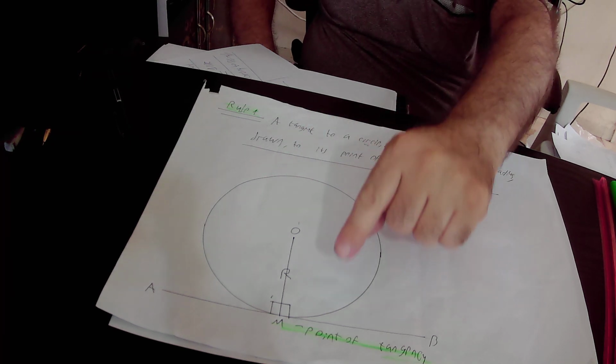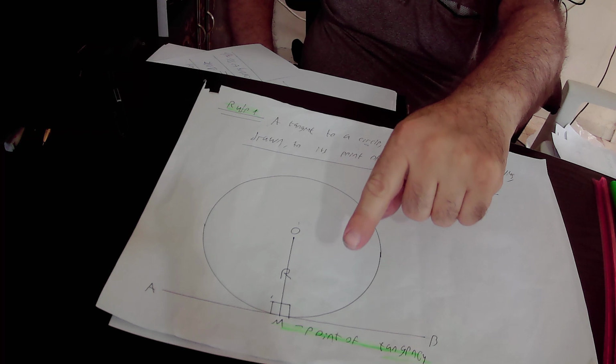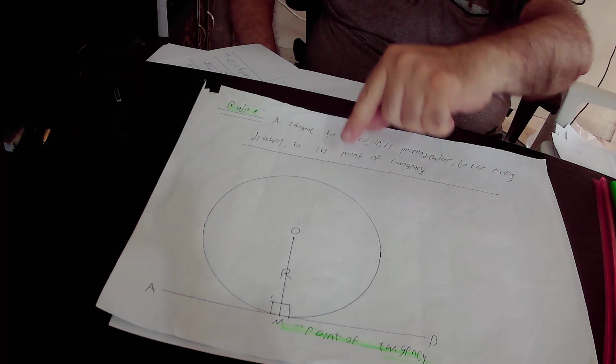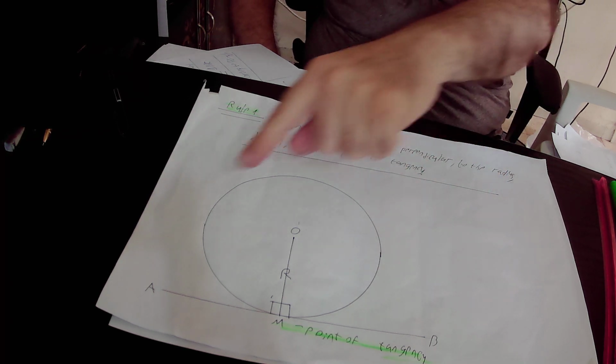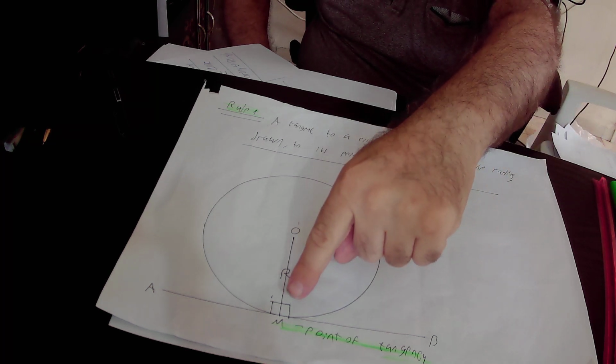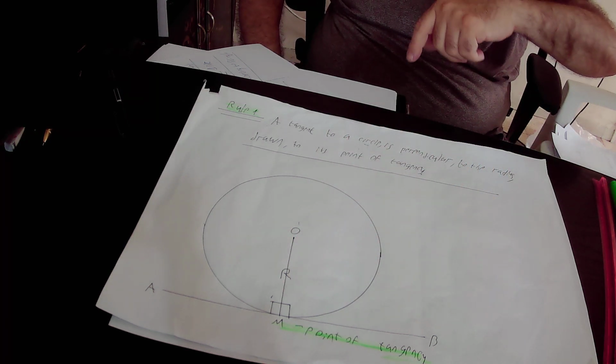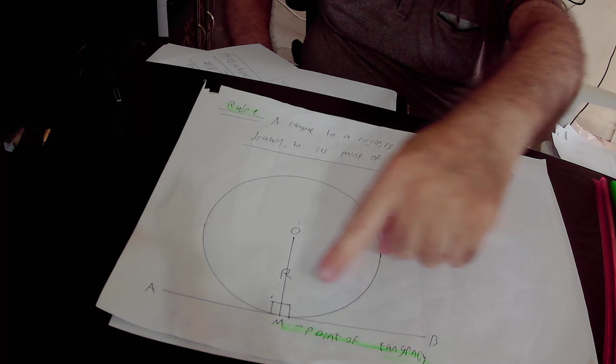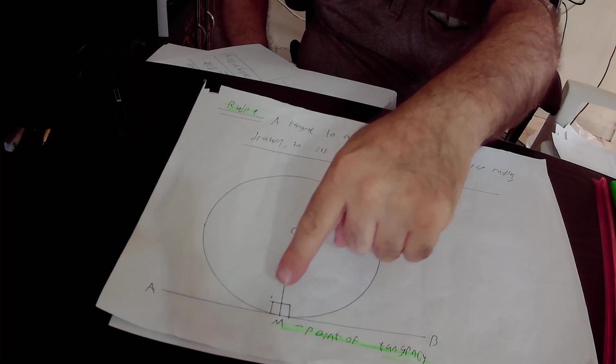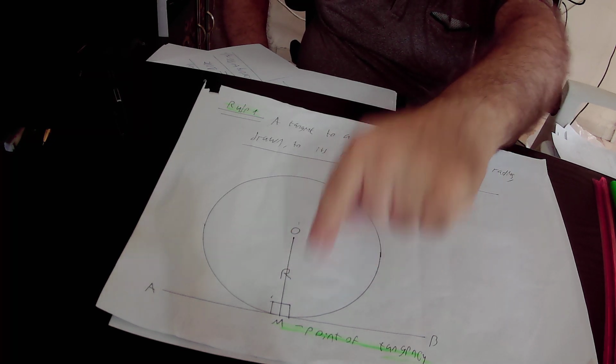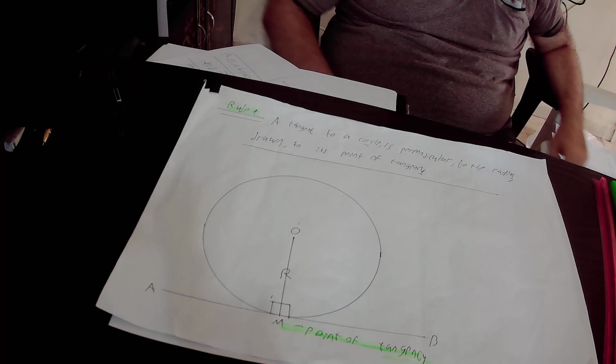And we have the radius OM that is drawn to the point of tangency, and whenever you have a radius drawn to the point of tangency, then tangent AB will be perpendicular to the radius MO. So if AB is perpendicular to MO, it means that this angle equals 90 degrees, and this angle will also be equal to 90 degrees. So this is number 1.